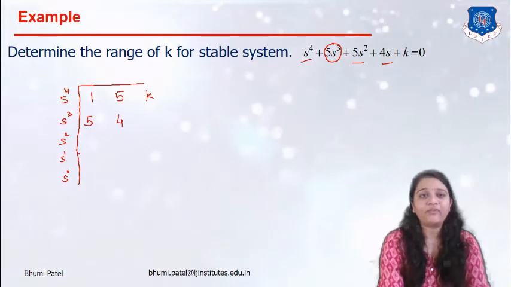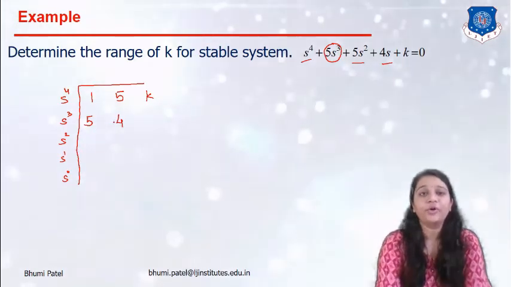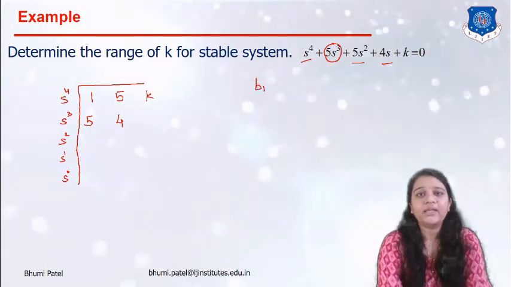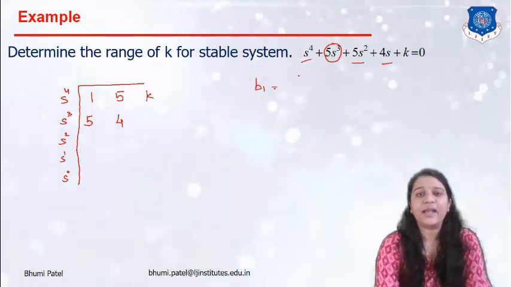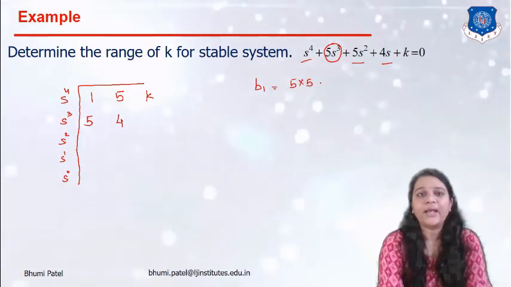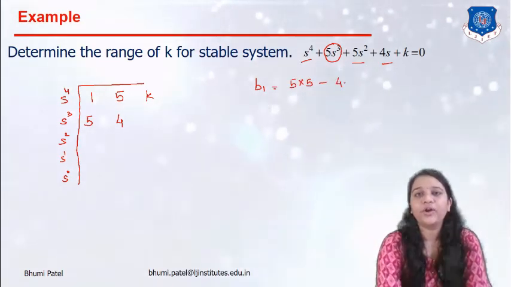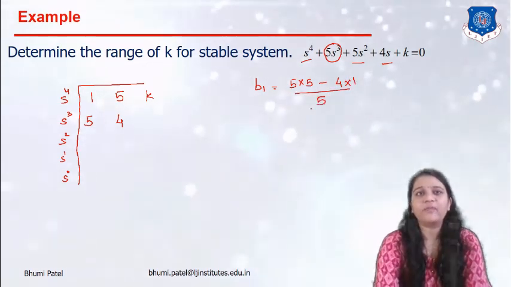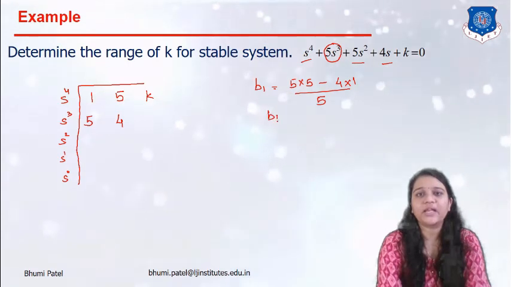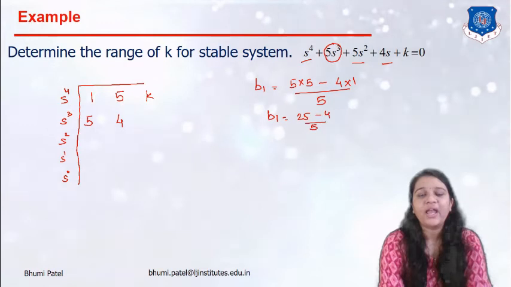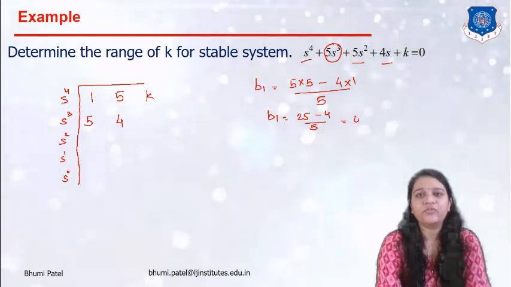Now how can we find the third row? For that we have to find the value of b1, and the equation of b1 is cross multiplication: 5 into 5 minus 4 into 1, divided by 5. So b1 is equal to 25 minus 4 divided by 5, and the value of b1 is 4.2.